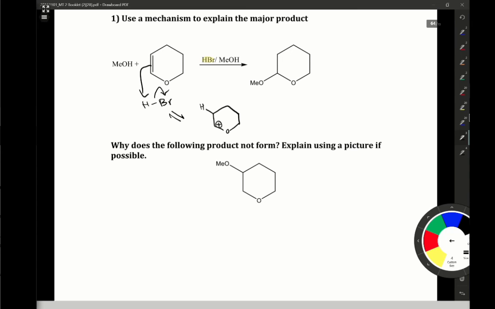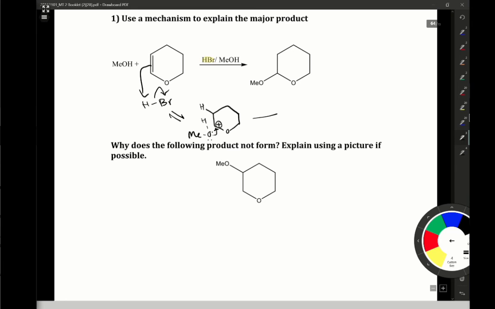And now we have to wonder, okay, is Br attacking or is methanol attacking? Well, it's pretty clear based upon the product right here that we have methanol attacking. And that's probably going to be kind of a concentration thing. So I'm sure this methanol is just a massive solvent, and we have a lot of it ready. So we have MeOH.